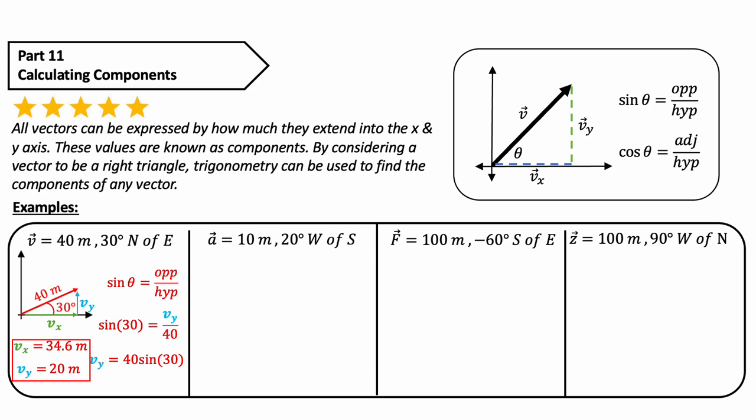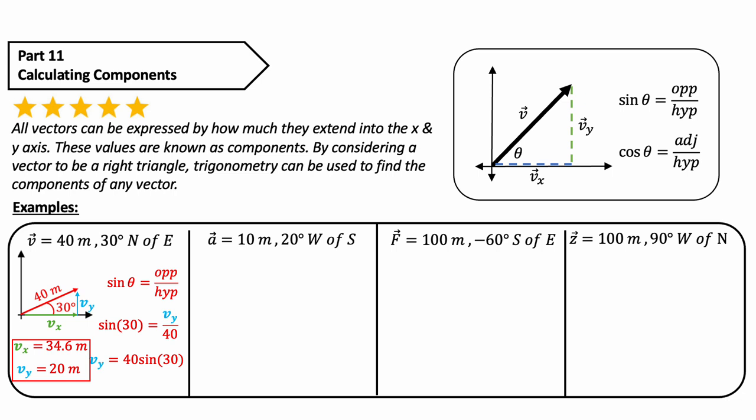And that's actually a great way to think about what we are solving for here: think about this as a length measurement. Somebody told you to walk 40 meters, 30 degrees north of the east line, so you do that. Another person asks you, well, how far east did you move? How far north did you move? Well, you moved 34.6 meters east, and then you moved 20 meters north.